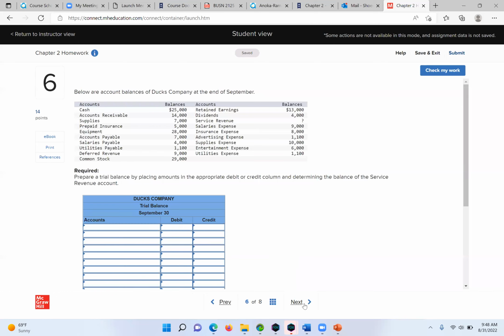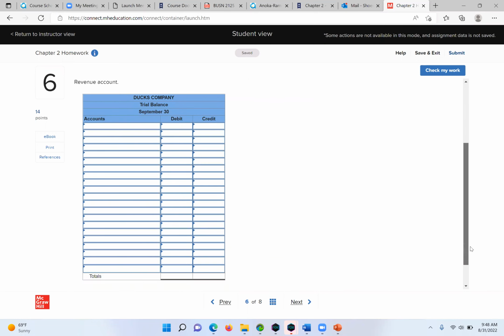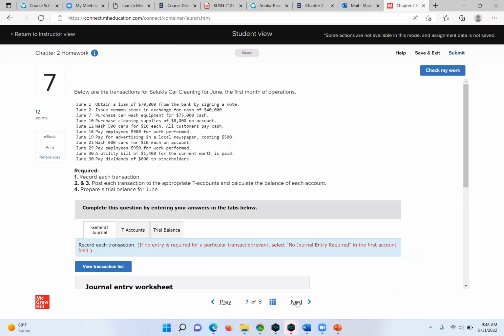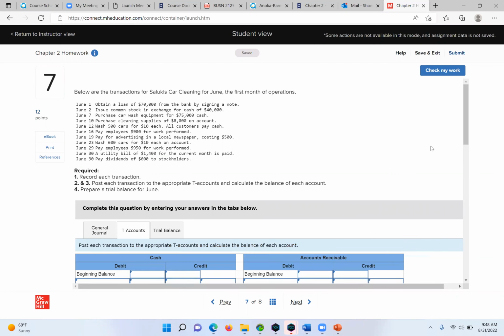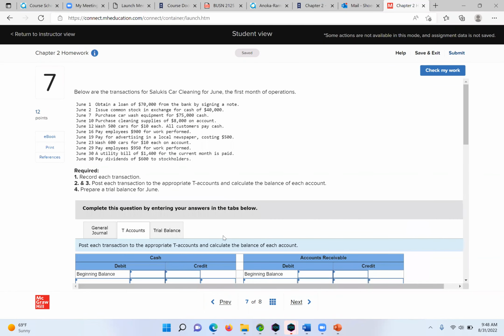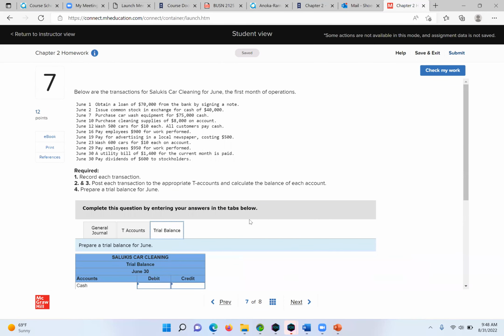You need to show the assets first, then the liabilities, then stockholders' equity, then dividends, then revenues, and then expenses. You want that order and you need to know, are they debits or are they credits? Okay. Here you've got some journal entries. You're going to record them, then post those to the various accounts, and then create a trial balance, the last piece.